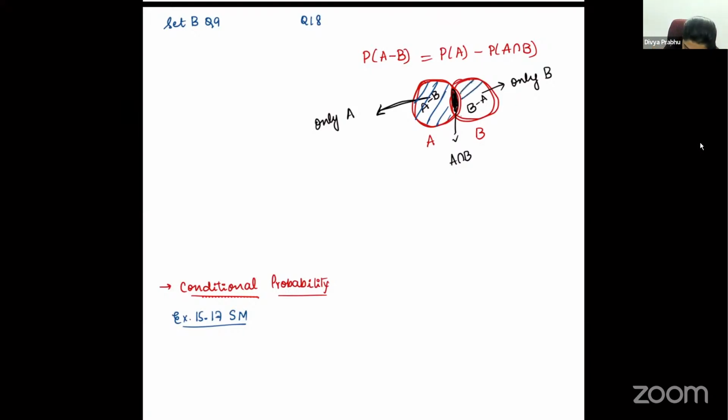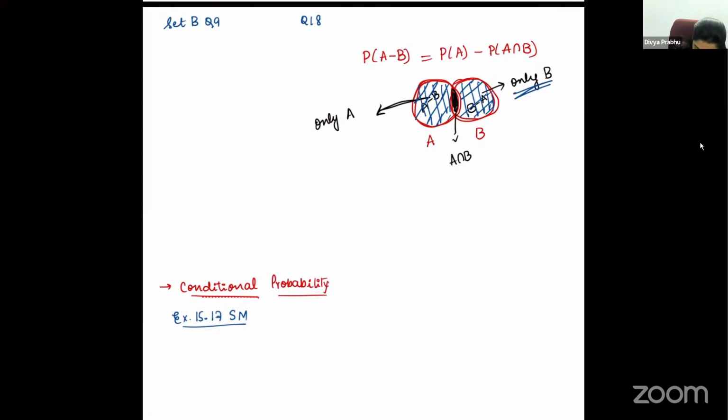Similarly, this area which is B minus A is only B, which means only B elements are there in that area. Okay. So now you understood this part is A minus B, which is only A. This part is B minus A, which is only B. So now you understand this formula, very, very easy.